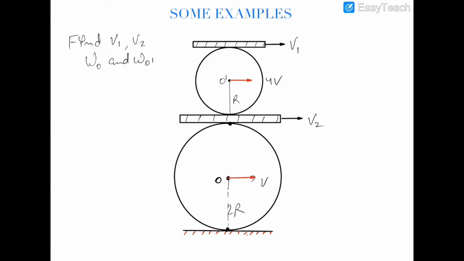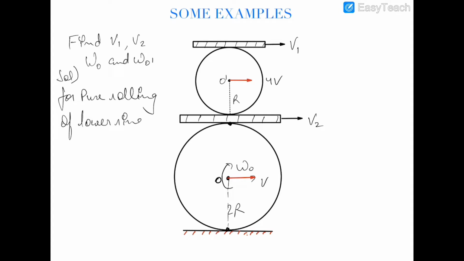So in this case you can see that if the angular velocity of this ring is omega 1, or we can say that it is omega O, then for pure rolling of lower ring, it is necessary that V is equal to 2R omega O. So omega O will be equal to V upon 2R. So this is the first equation.